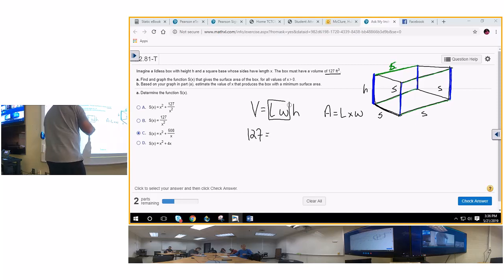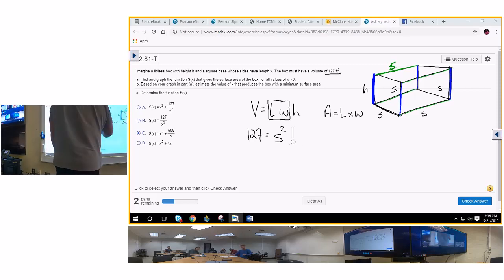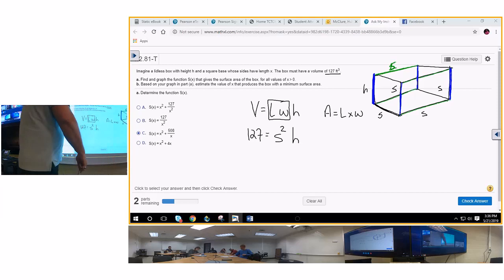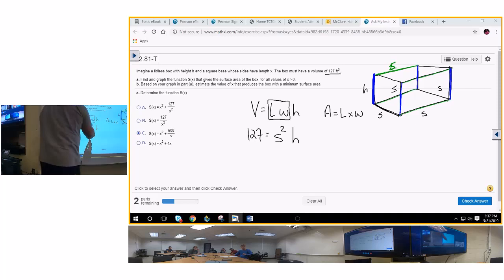So that would be like s squared, right? And then times the height. Now since the height is the only thing that we don't know, we're going to solve for height. So h is equal to 127 over what? S squared.